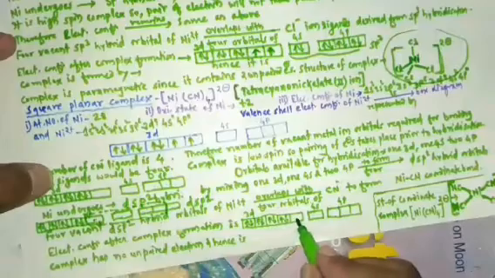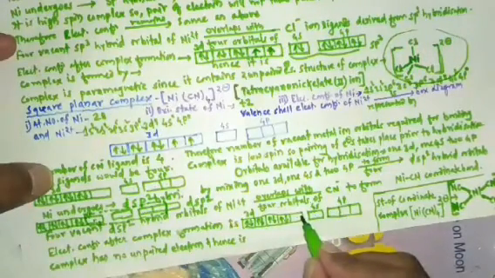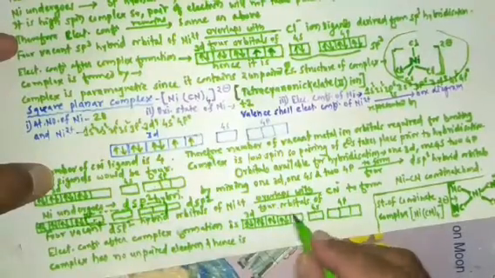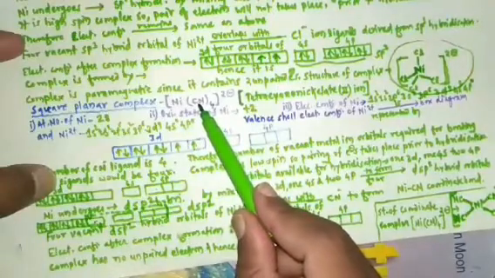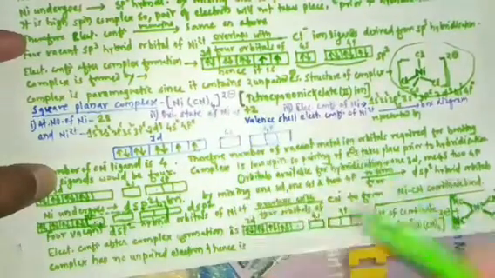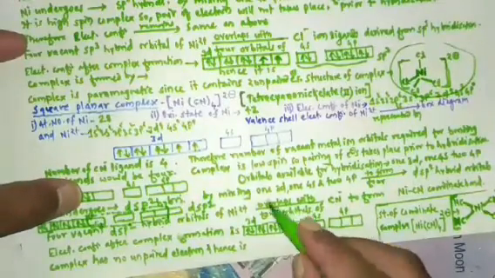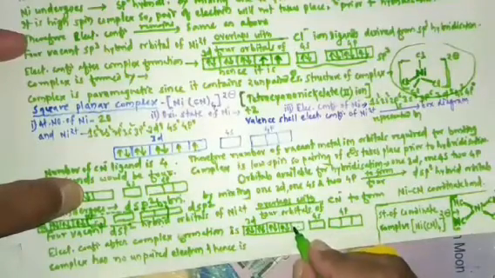Then these orbitals, 1, 2, 3, 4, get mixed with each other and form dsp2 hybrid orbitals. The electron pairs from the 4 CN minus ions enter into these vacant orbitals. There are 4 cyanide ligands, each ligand having 2 electrons.